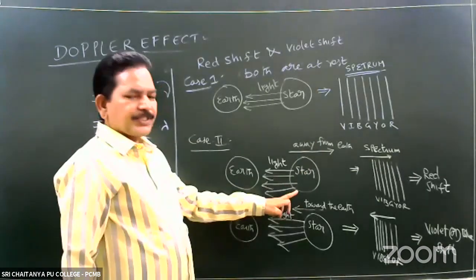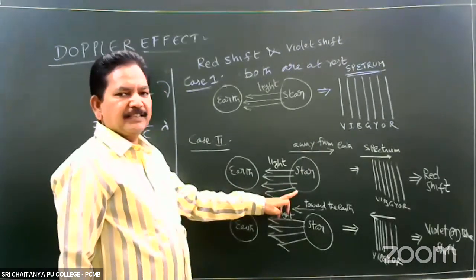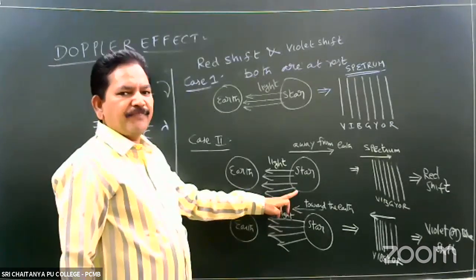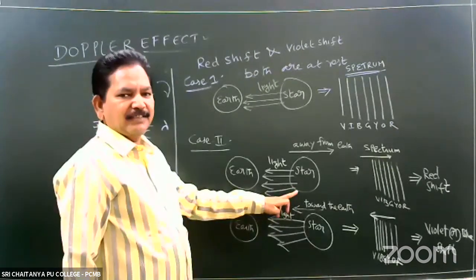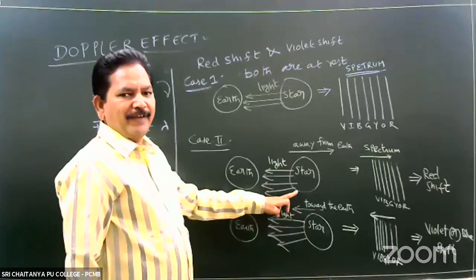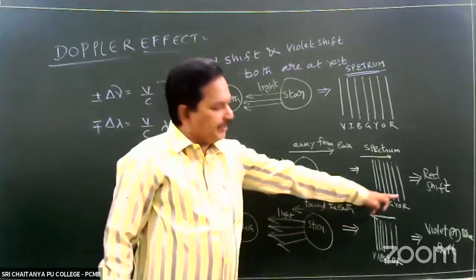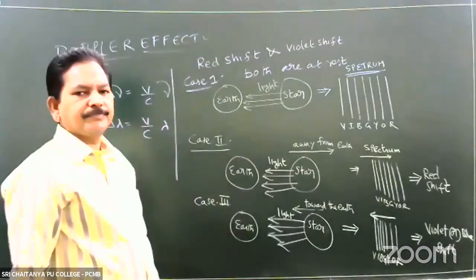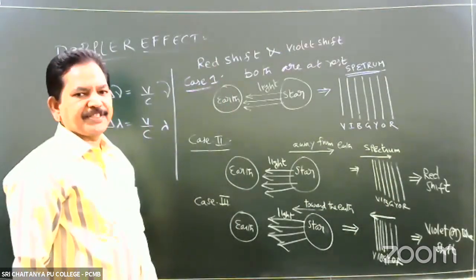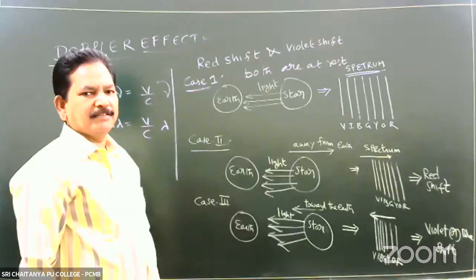When the star is moving away, apparent wavelength is greater than actual wavelength, so the entire spectrum is shifted towards red color. That phenomenon is called redshift.